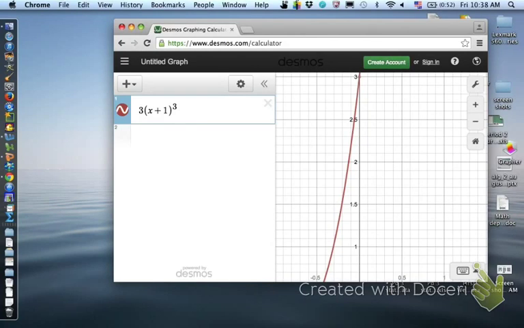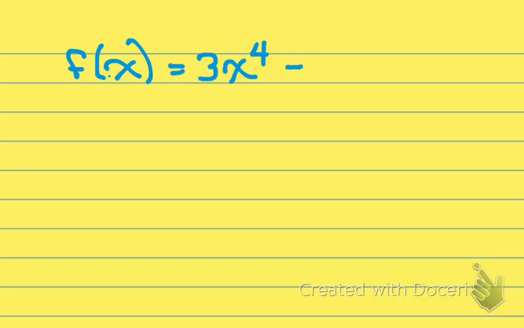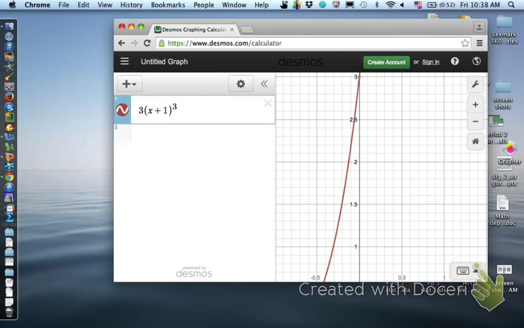Coming back over here, let's look at another function. The second function we're going to look at today is f of x is equal to 3x to the 4th minus 2x squared. Let's take a look at that in Desmos so we can see what's happening.